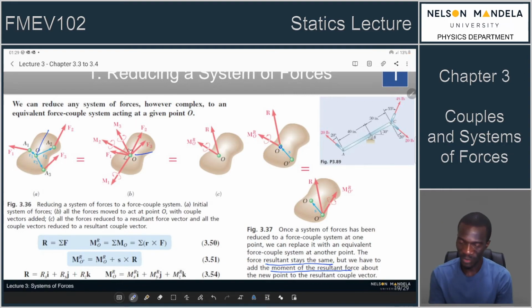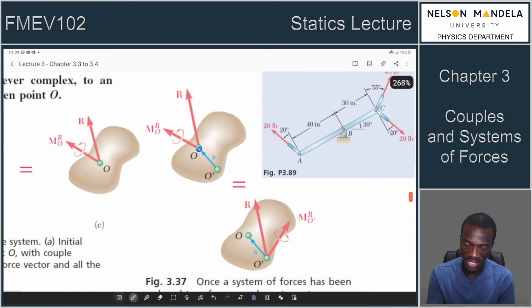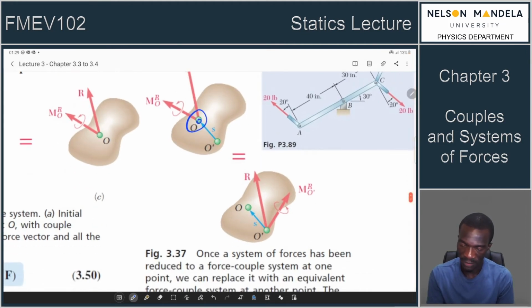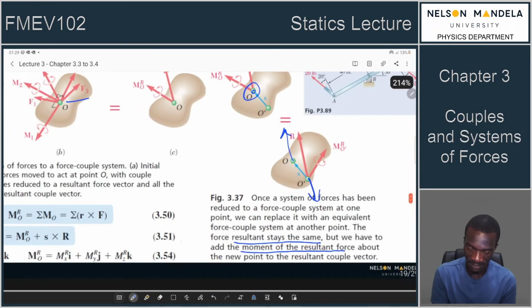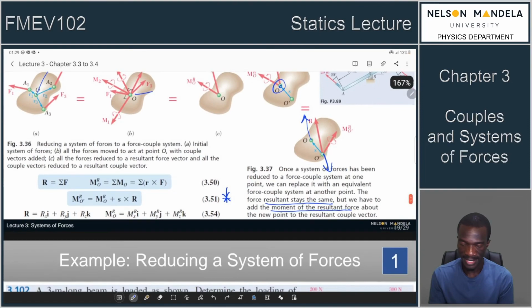Because we said we've got the moment of the resultant force, which is when we moved this force there, we had the original force, and then we have the counteracting force. So this is just explaining this equation. This is the moment of that resultant, and then we are creating a new set.